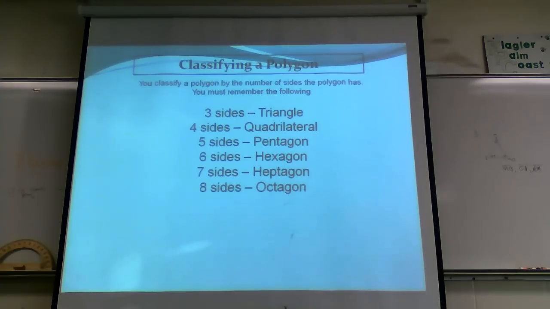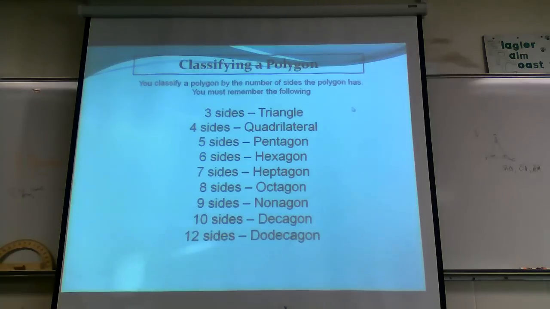Alright, next one, 9 sides is a nonagon. Nonagon, right. 10 would be your decagon. Okay. And then, guys, the only other one that you have to know is 12.